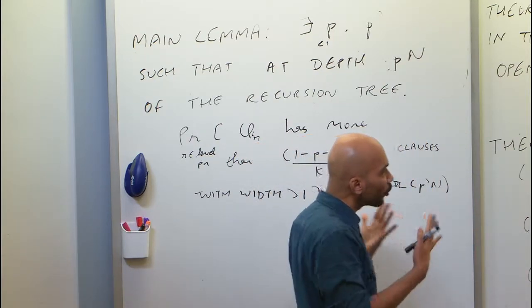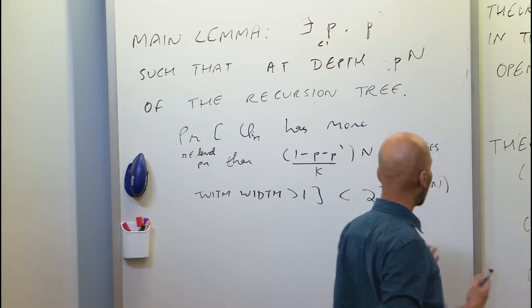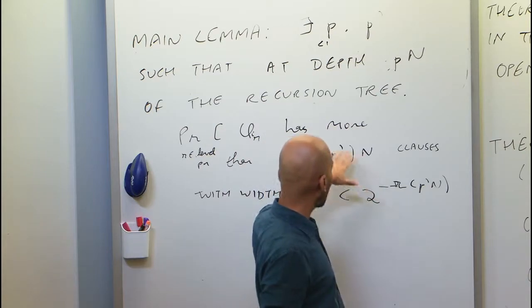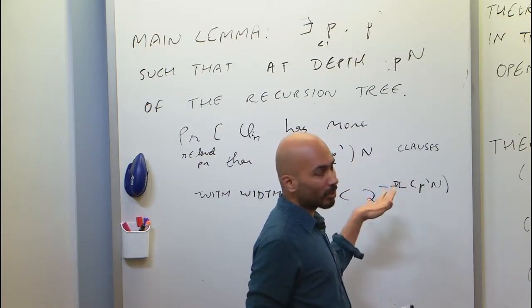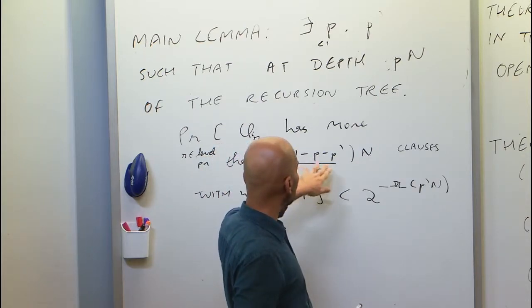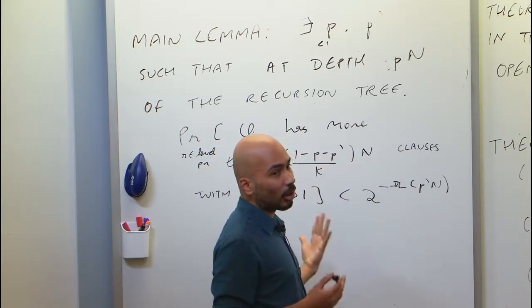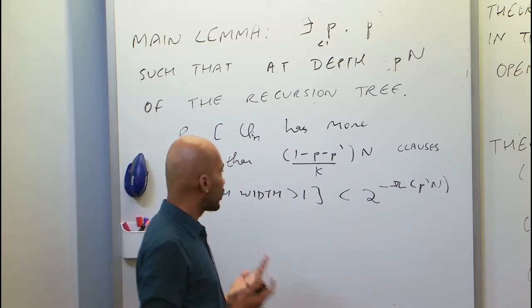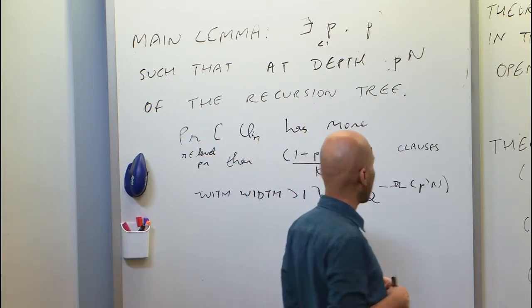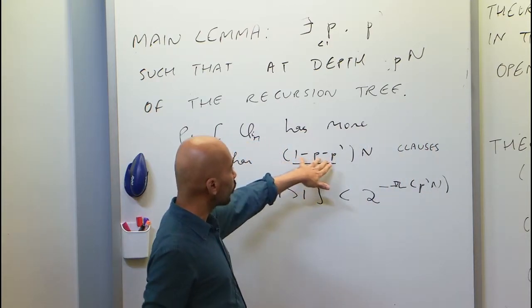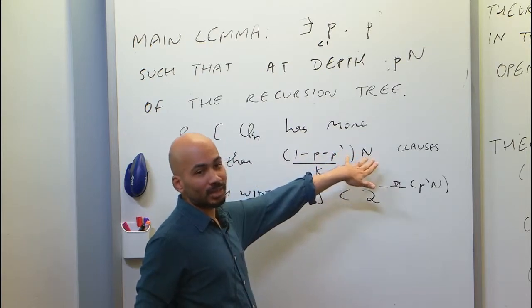And if you just do brute force search on all such nodes, you're not going to spend time more than 2 to the n minus p prime times n. So the savings corresponding to these bad nodes is going to be omega of p prime times n. And as for the good nodes, you can look at these clauses that have width bigger than 1, and each of these clauses is going to be of size at most k. So you can look at all literals in these clauses and branch on all of them. But that's not going to be too expensive because you'll only branch on 1 minus p prime times n variables.